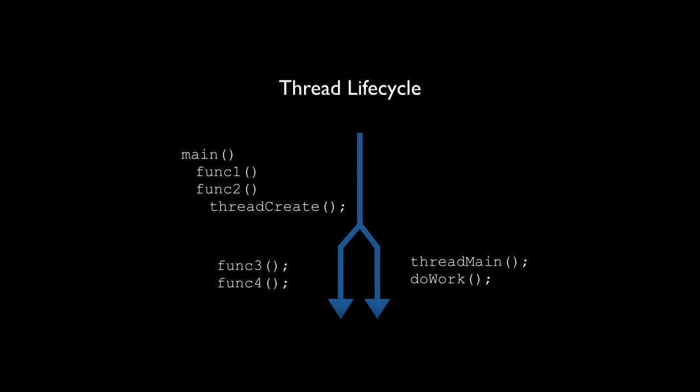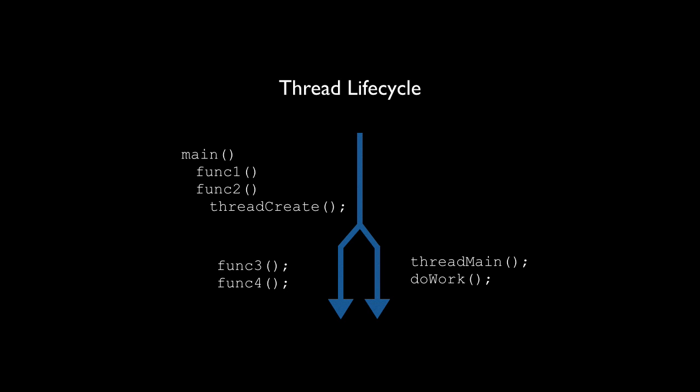Once you create a thread, your program will fork into two threads of execution. Thread create will return to the main thread and also call some thread function, which I call thread main, though it could be called anything you'd like, and then start executing the thread function.